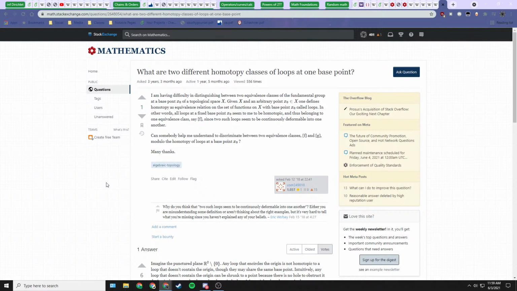I'm trying to figure out if there's a precedent for baseless loops.